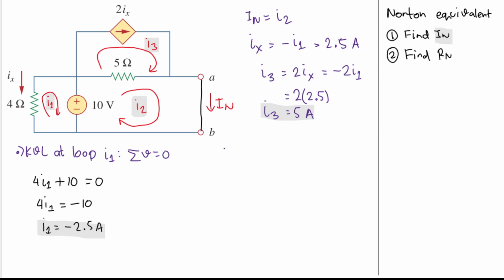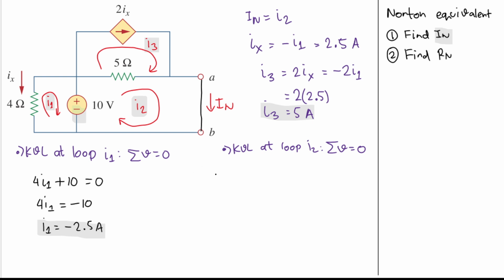Let's do exactly that. Let's do KVL at loop I2. KVL says that the sum of the voltages in a loop equals 0. Let's start from this 10 volt voltage source. The current enters from the negative terminal, so our sign will be negative.